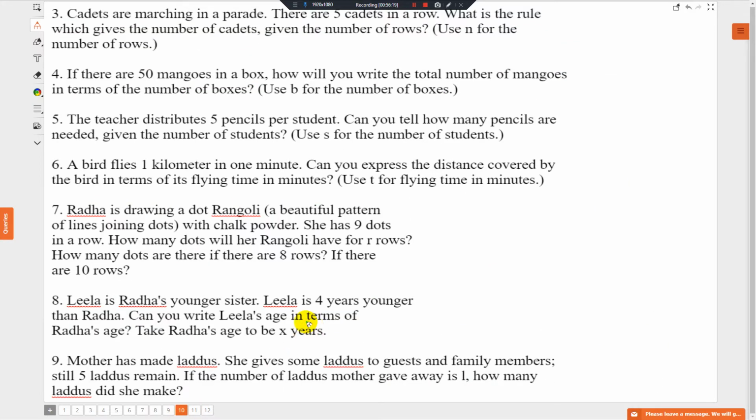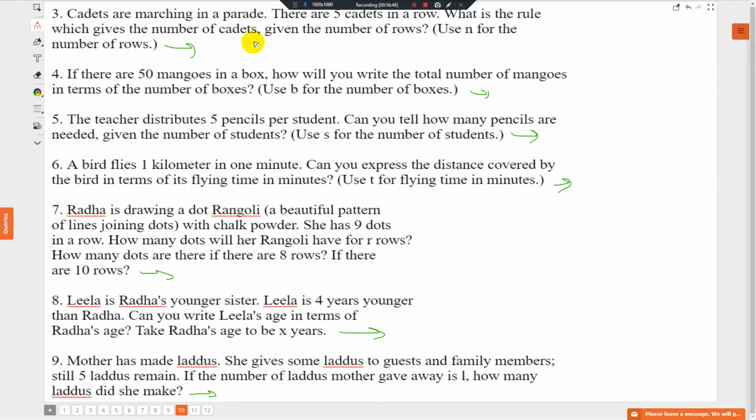Now here, cadets. See, when cadets are marching in a parade, there are 5 cadets in a row. What is the rule which gives the number of cadets given the number of rows? Use n for the number of rows.